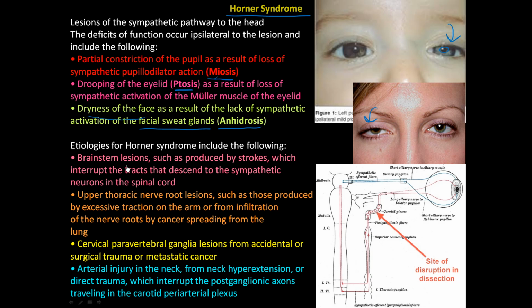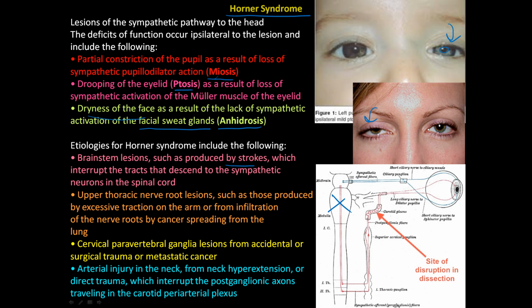They include brainstem lesions such as those produced by strokes, which interrupt the tracts that descend to the sympathetic neurons in the spinal cord. If you have a stroke, you could knock out these nervous system neurons. Now these are not preganglionic, remember. These are just interneurons inside the central nervous system.